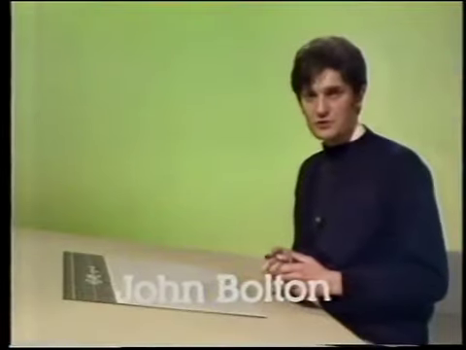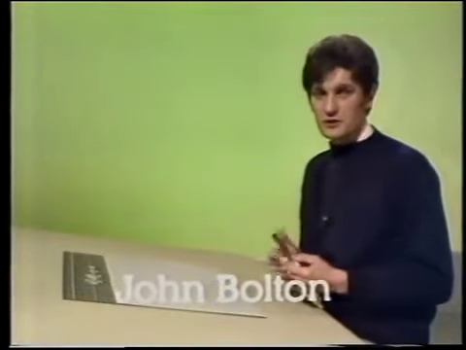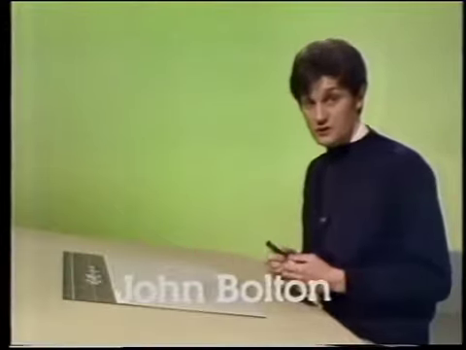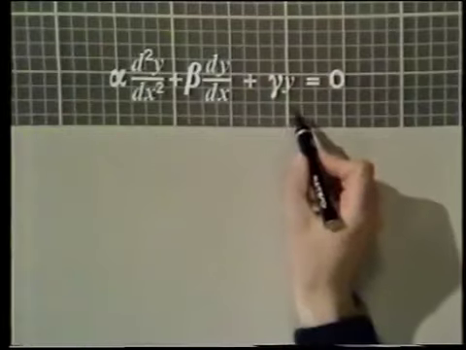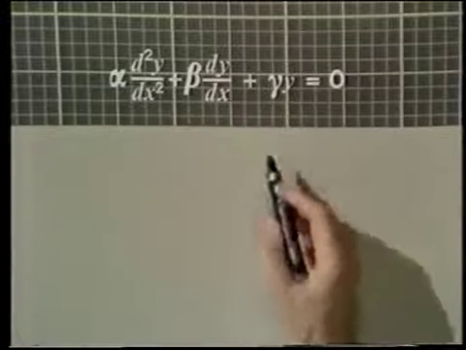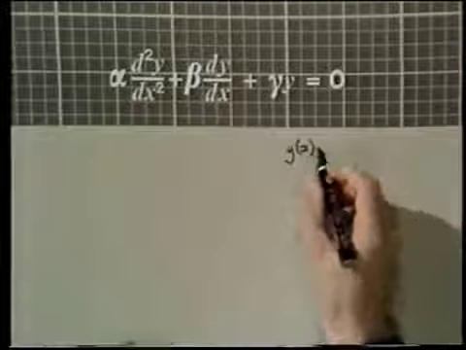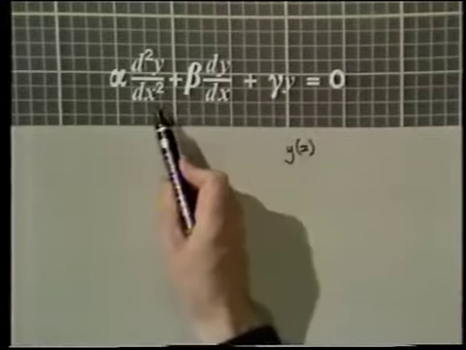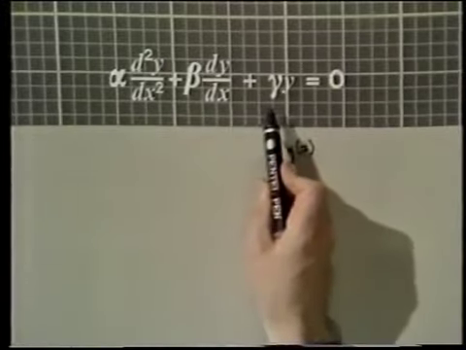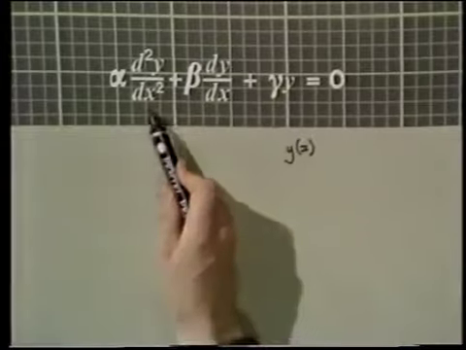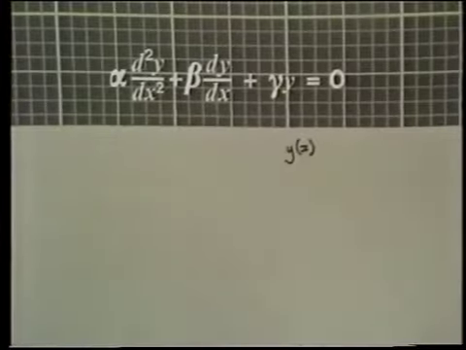The method I'm going to use works for any homogeneous equation, so we may as well look at the general case. I'm looking for a solution to this equation, and that means that I'm looking for some function, y of x, which when I substitute it in here will give me naught. So somehow these three terms have got to cancel.